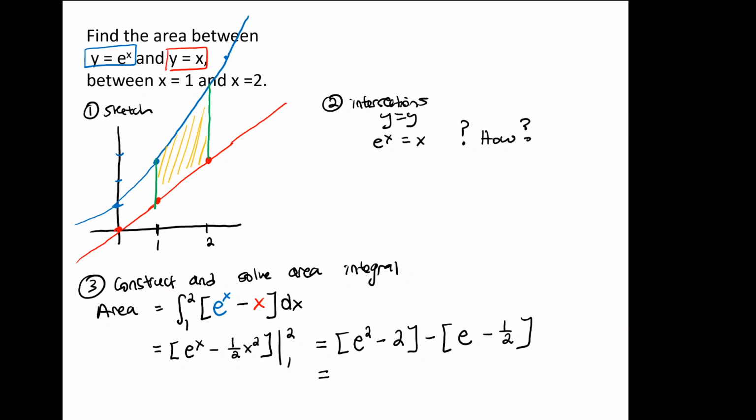And we don't get a very satisfying answer, and that's okay. It doesn't always give you a nice result. E squared minus 2 minus e plus 1/2, which simplifies after making common denominators. Negative 2 is the same thing as negative 4 over 2, so negative 4 over 2 plus 1 over 2 is negative 3 over 2. E squared minus e minus 3 over 2.